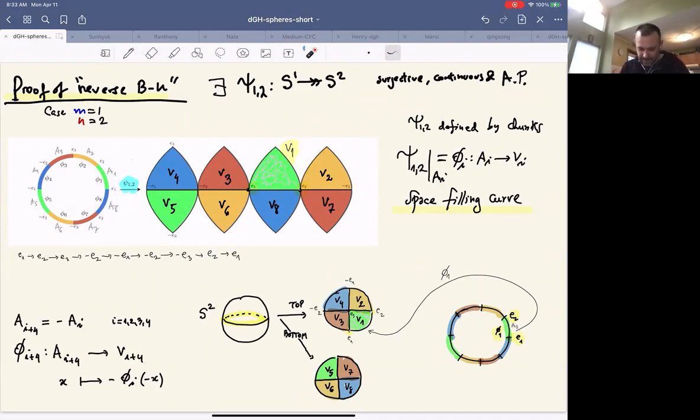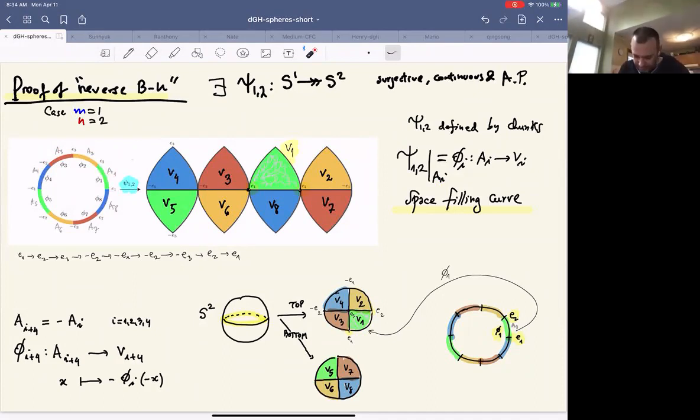So we split S1 into 8 parts, A1, A2, A3, A4, and then their antipodals. Here they are color-coded so that it is easy to see what's happening. And then in the same way, we also split S2 into 8 parts. And we send, say, green to green, blue to blue, etc.